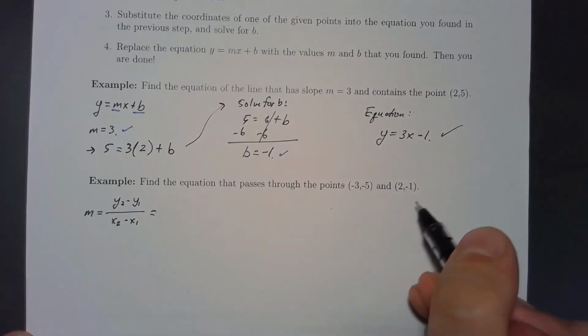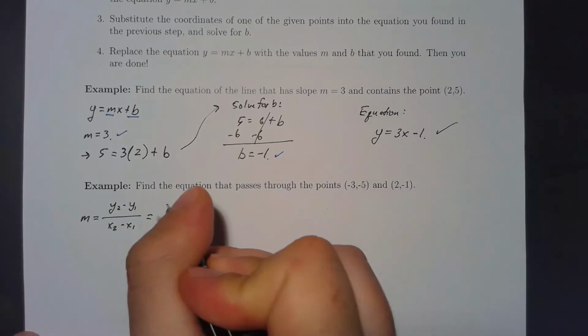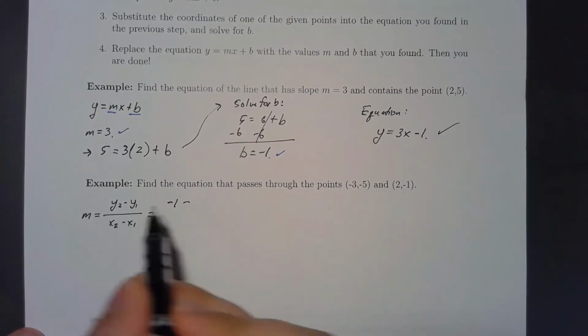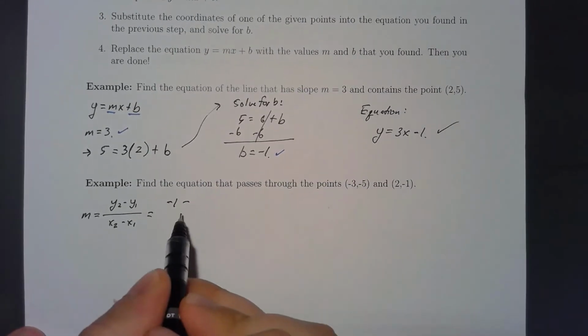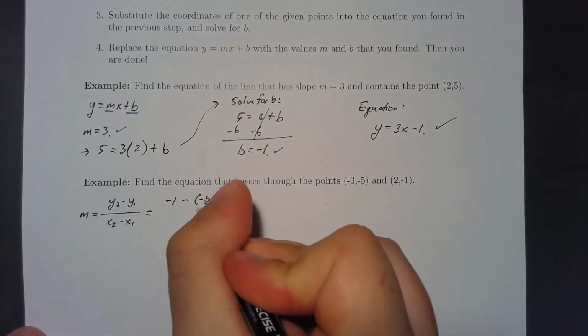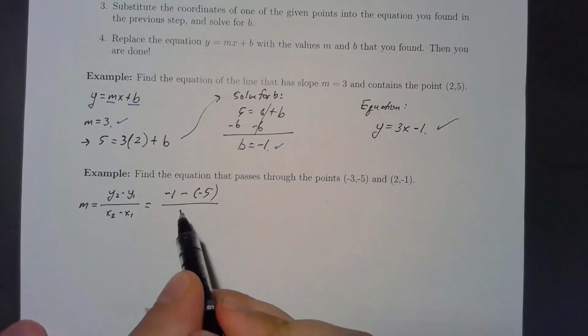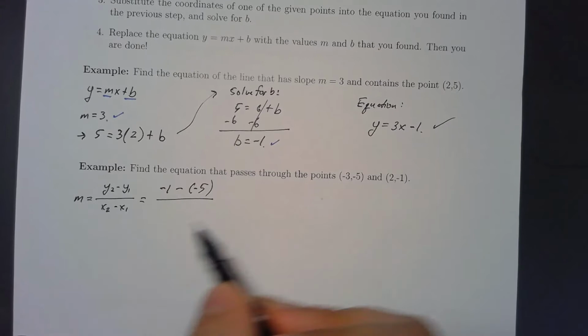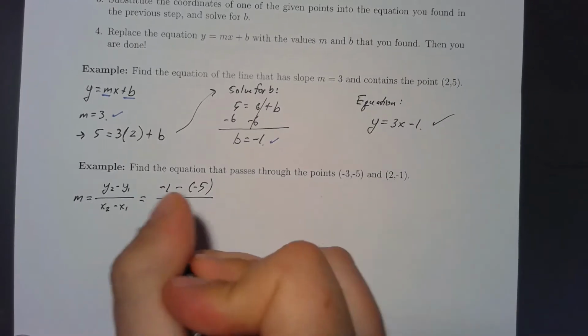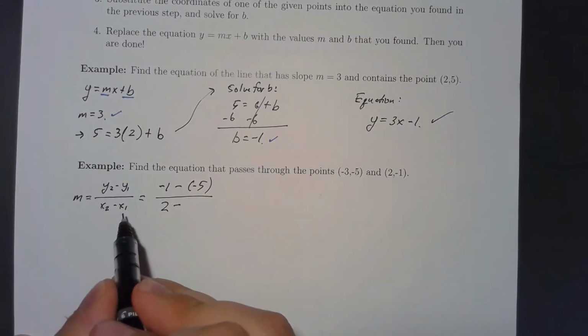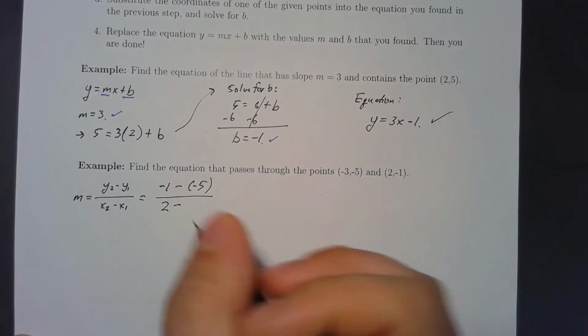So y2 is the second y-coordinate, which is negative 1, minus y1, which is negative 5. So I have minus negative 5. Again, be careful with the negatives. x2 is 2 minus x1, which is negative 3.